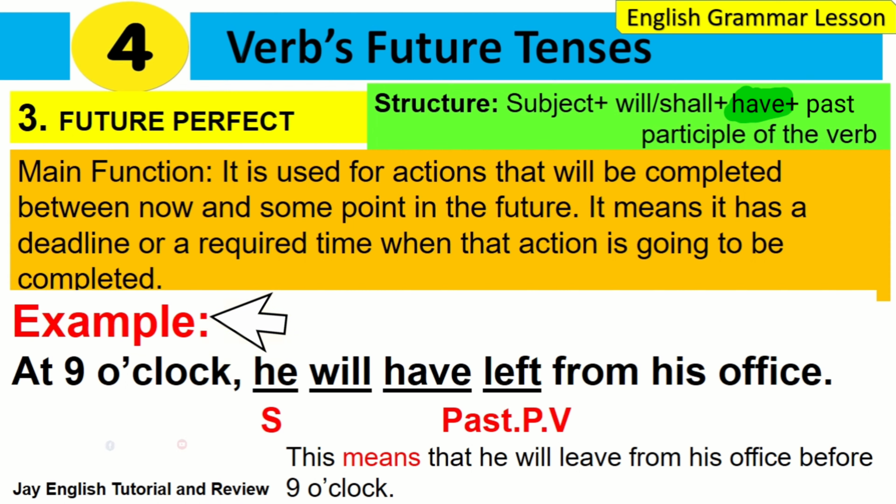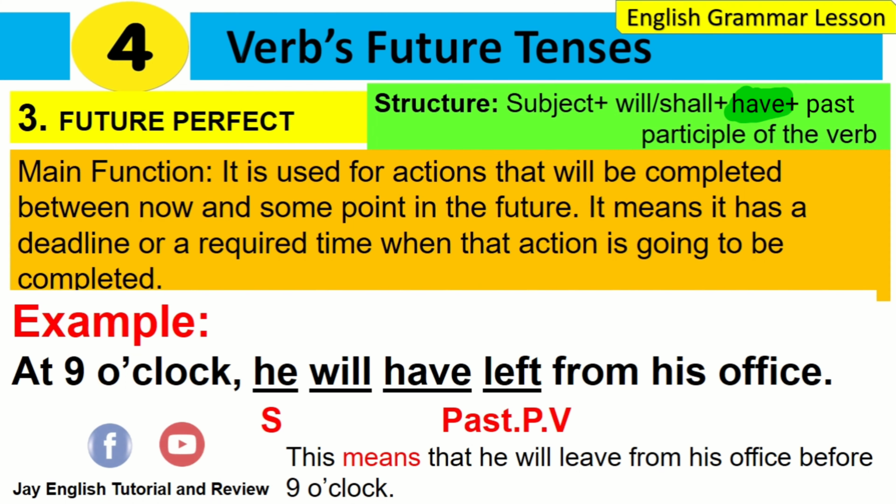Okay? For example, at 9 o'clock, he will have left from his office. So we have here, he is our subject, followed with will have, then left is the past participle form of the verb leave. We cannot say he will have leave or he will have leaves. So it must be left.